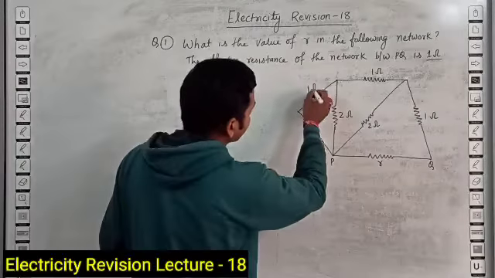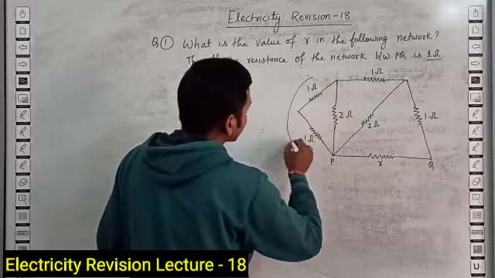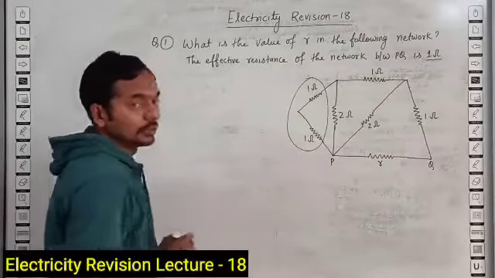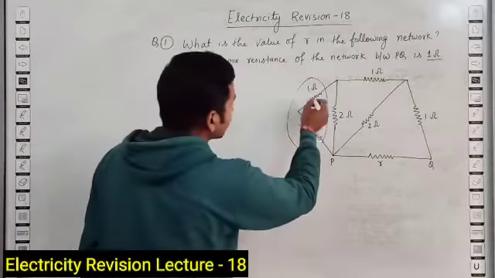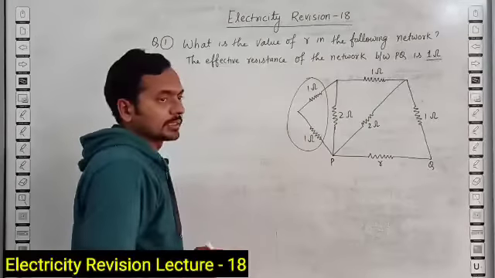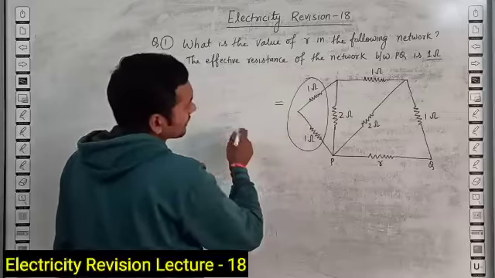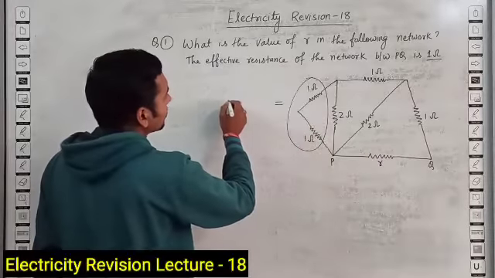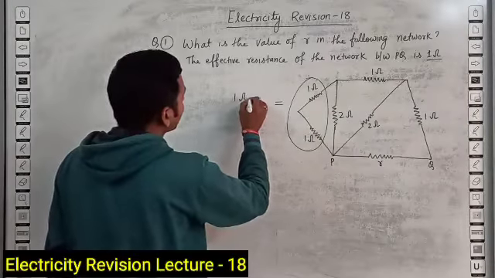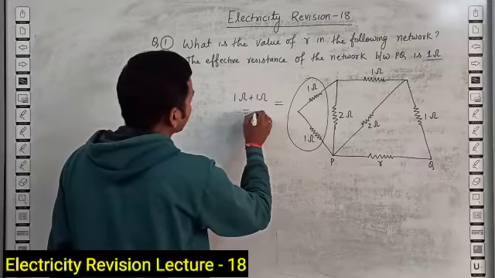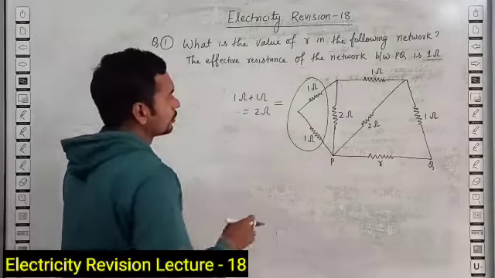So first we have to solve these two resistances. These two are in series combination. So the effective resistance of these two will be 1 ohm plus 1 ohm, so we will have 2 ohm.